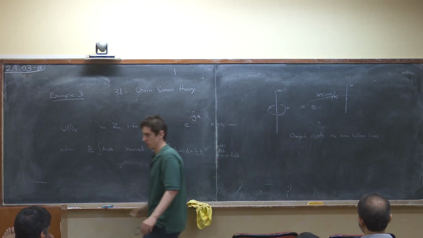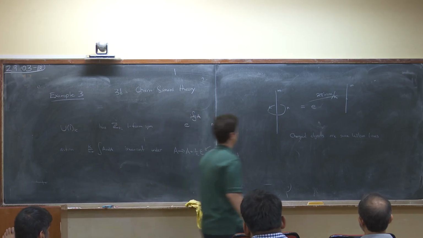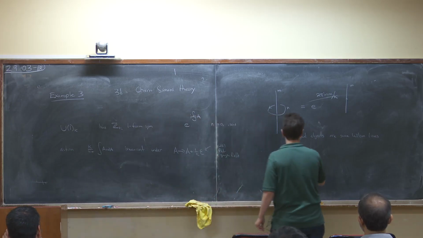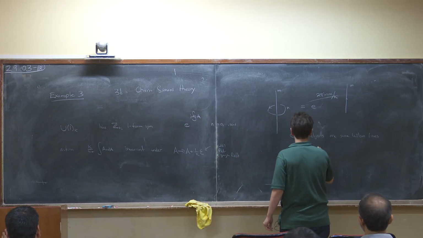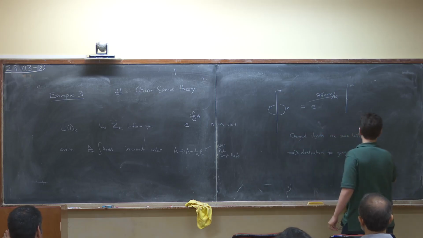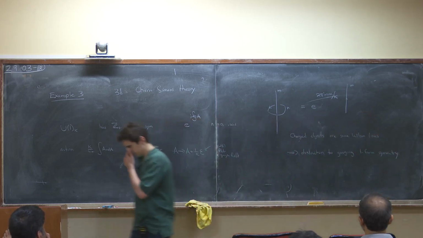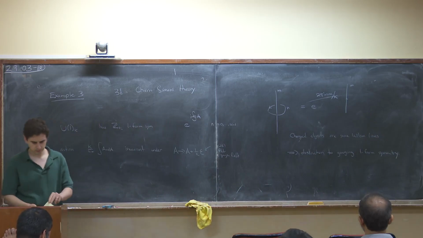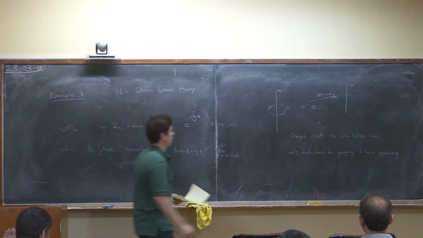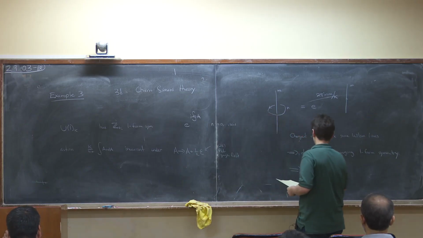So there would be some obstruction to gauging the one-form symmetry. And that means that this one-form symmetry has an 't Hooft anomaly.